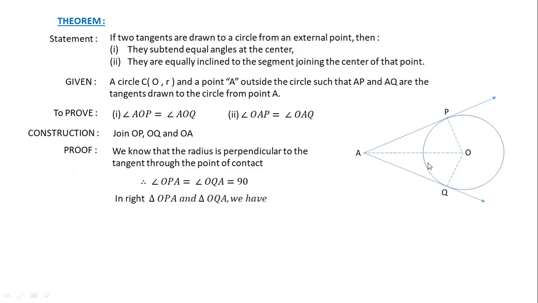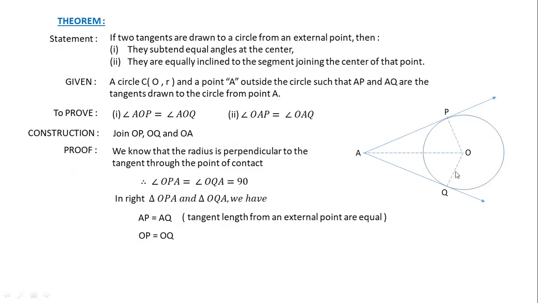Now we take these two triangles, triangle OPA, this upper triangle, and this lower triangle. So in these two triangles, we have AP equal to AQ. Why are they equal? Tangent lengths from an external point are equal. Next, OP is equal to OQ.